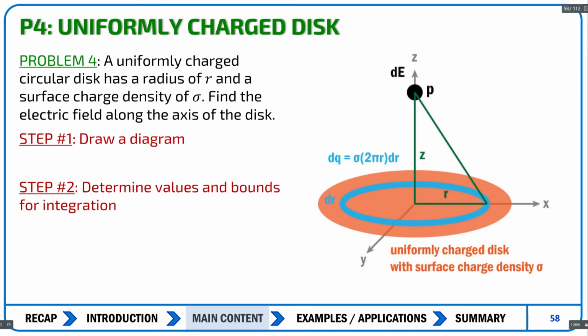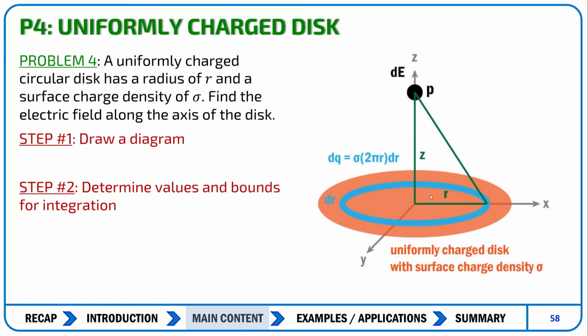We do have to label dE somehow. Right now we can see that if we take a look at the orange charged disk, we've highlighted a blue ring around here that signifies a portion of that disk.